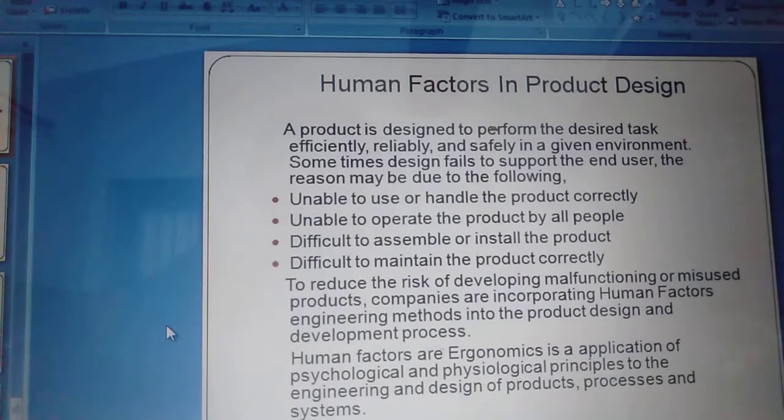A design fails to support the end user due to faulty interaction between the user and the product. There may be reasons due to the following.